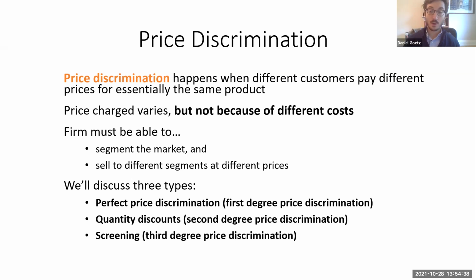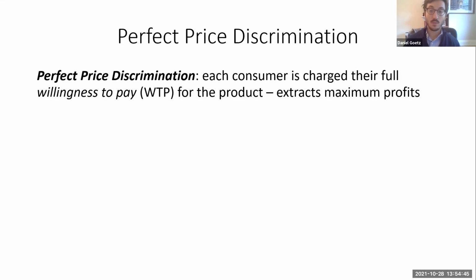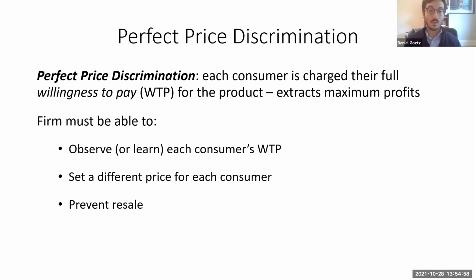So let's start with perfect price discrimination. Perfect price discrimination is when we charge each individual consumer exactly their own willingness to pay for the product. And this is going to extract the maximum amount of profit for the firm. What the firm needs is to know each consumer's willingness to pay, to be able to set a price for each different consumer that's exactly their willingness to pay.